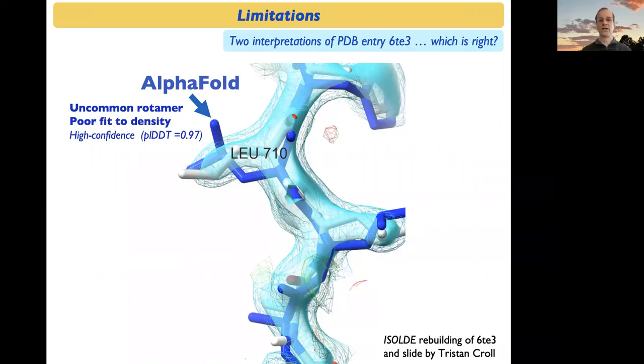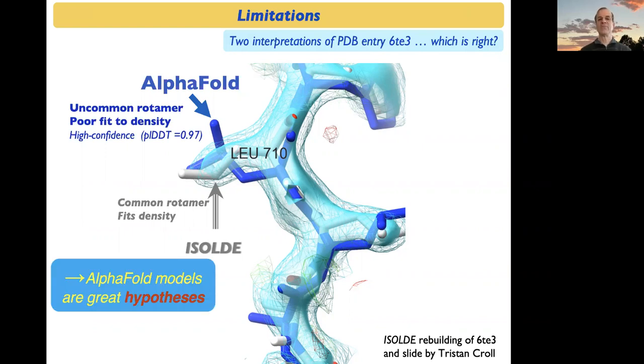So Tristan rebuilt that model, starting with the AlphaFold model, and with very little changes, in this case at 710, putting in a more common rotamer, suddenly it fits the density a lot better. And similarly for the other parts of this structure. So the details may not be quite right, and keep thinking of AlphaFold models as great hypotheses.